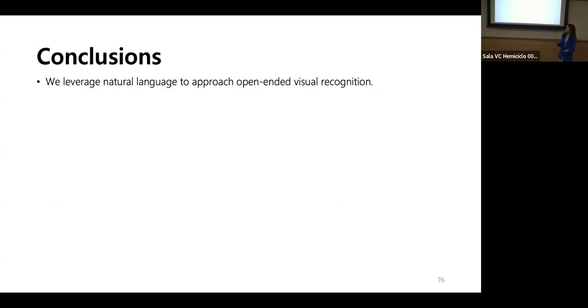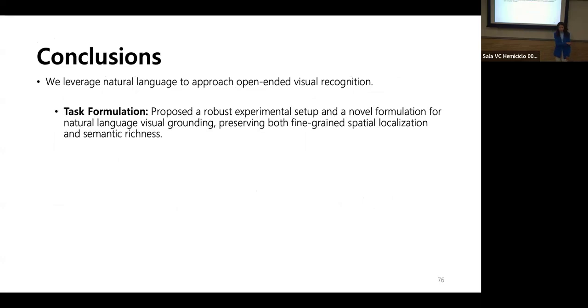So to conclude, we leverage natural language to approach open-ended visual recognition, in four stages. The first stage was task formulation, where we propose an experimental setup and a novel formulation for natural language visual grounding, preserving both spatial localization and semantic detail.